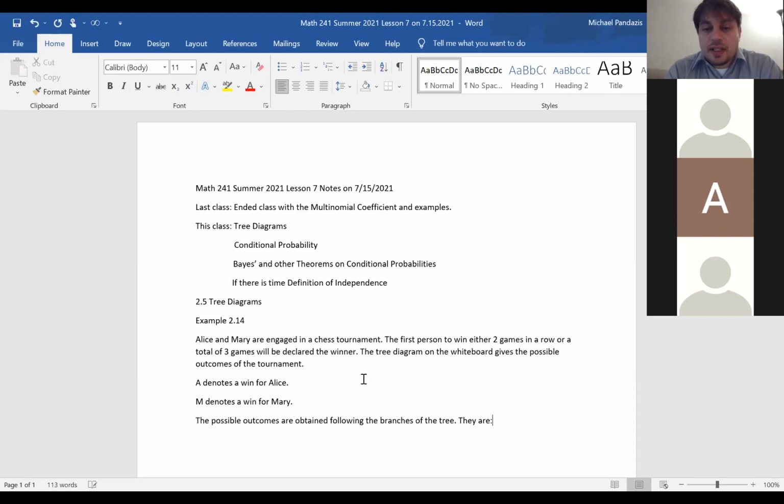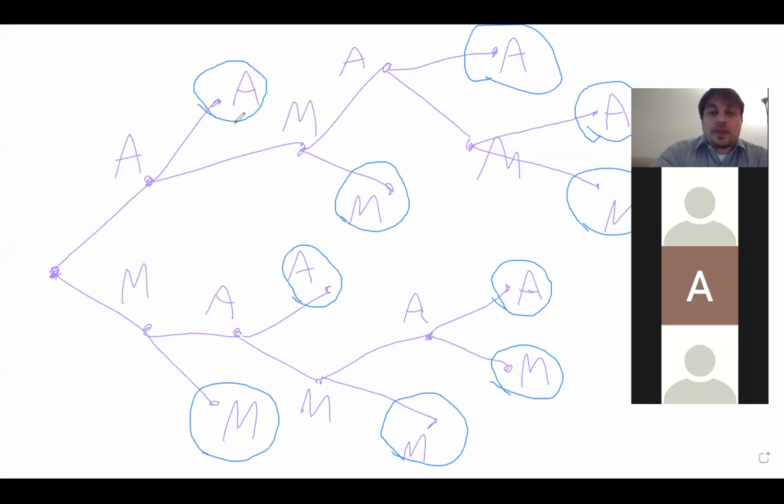So if you look at the tree diagram, the possibilities are AA for Alice wins the first game and second game, or Alice, Mary, Alice, Alice, and so on, following each branch down to Mary, Mary. Those are all the possible outcomes.